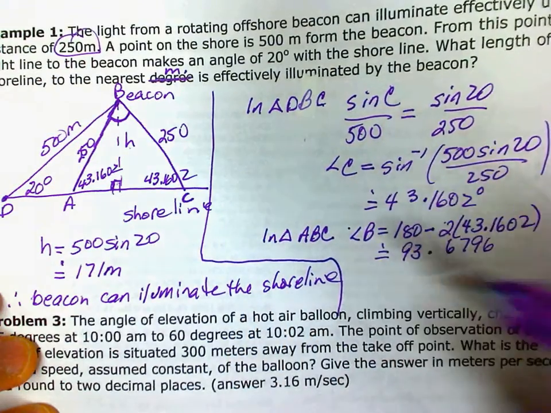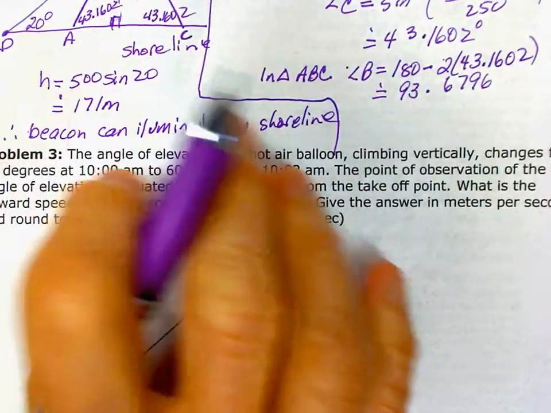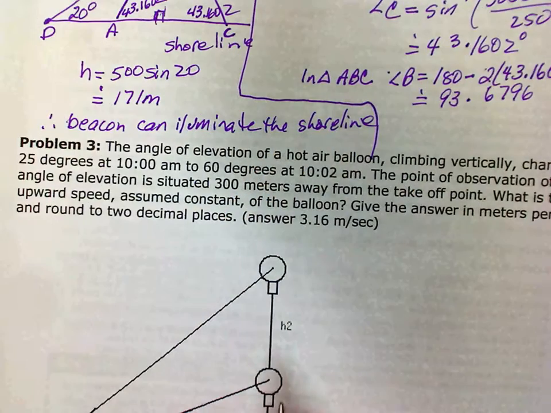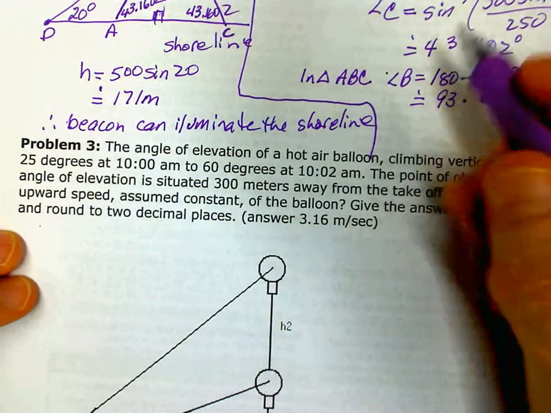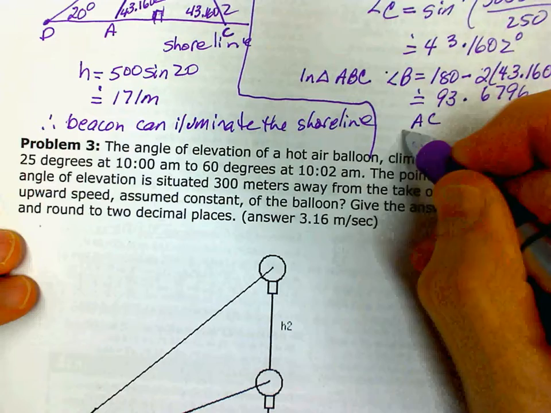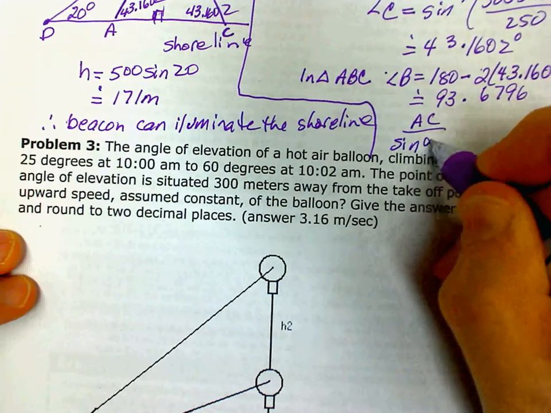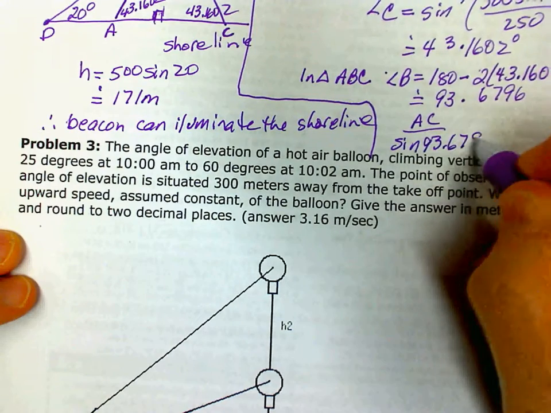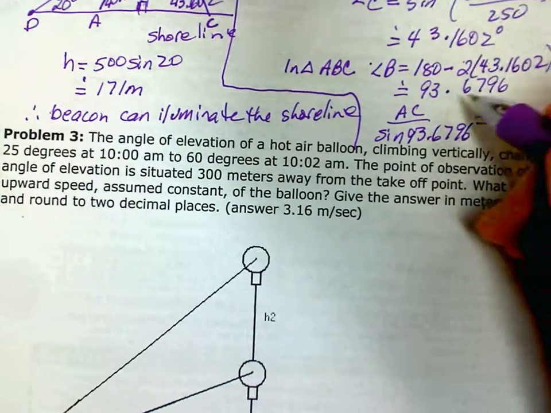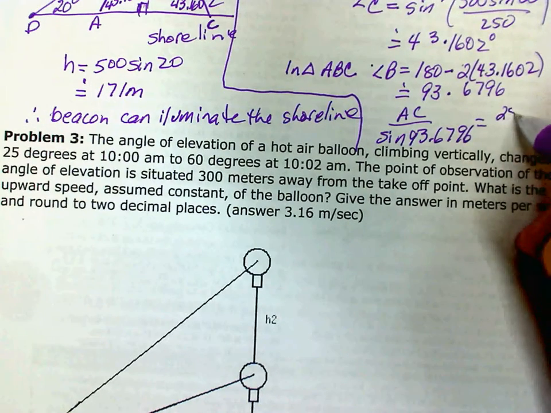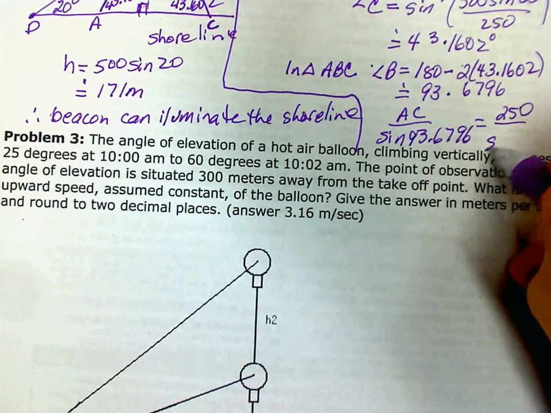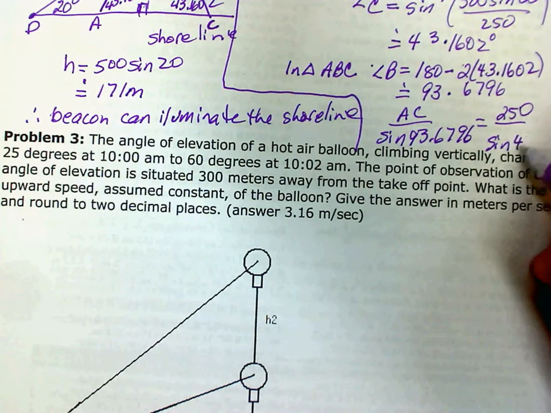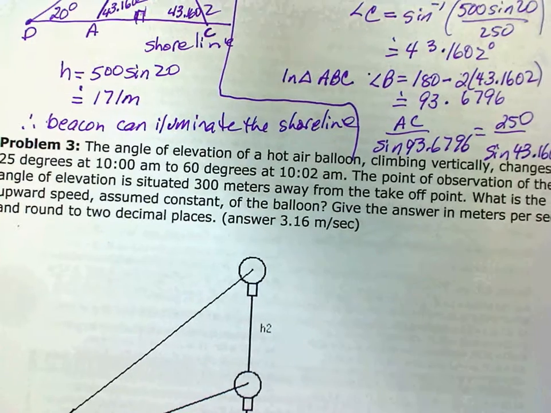It would have been much easier. So now we can find AC over sine of 93.6796 equals 250 over sine of 43.1602. And I'm sorry, there's not much room here.